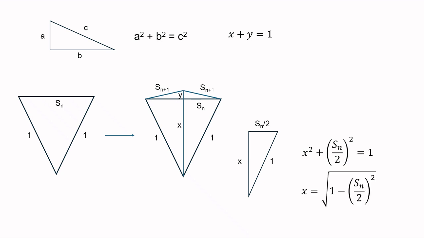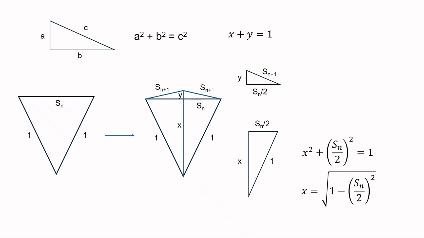We can solve that for x, and we find that x equals the square root of 1 minus Sn over 2 squared. So we know the length of x. So if we can calculate y, then we know that x plus y is 1, then we find a relationship between Sn and Sn plus 1.